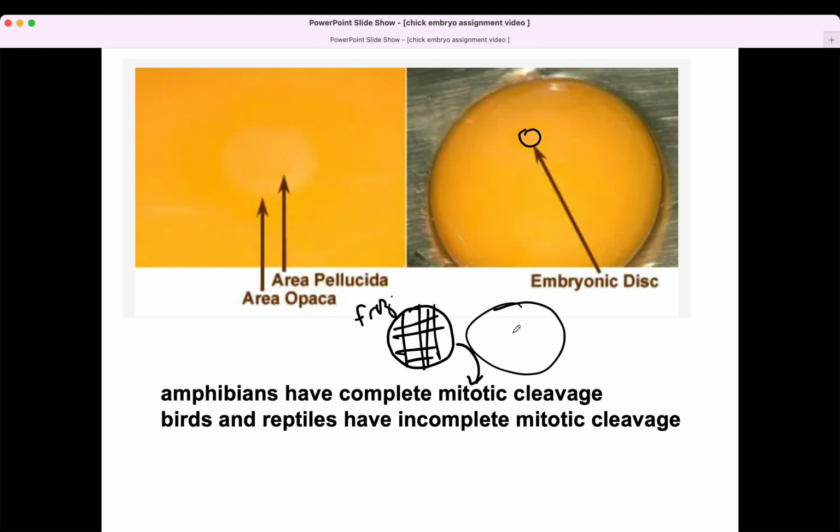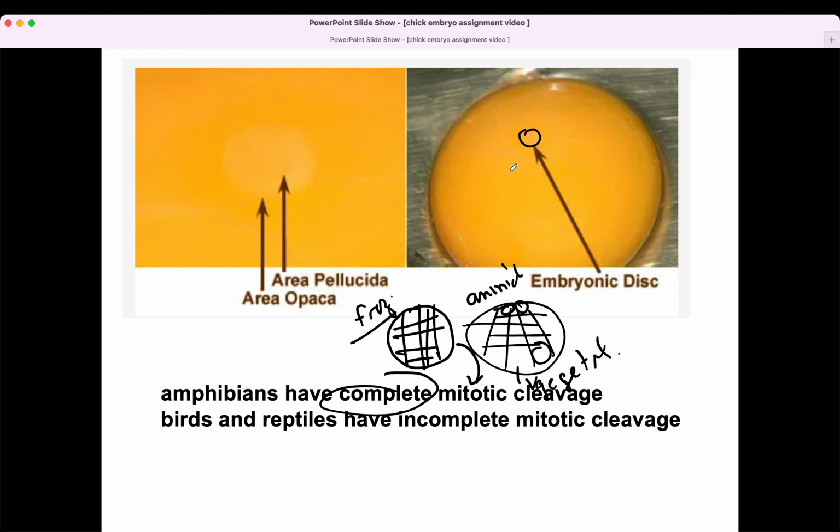We learned that there's more yolk in the lower part of the frog, the region of the vegetal pole, and as a result, the sticky yolk makes it so that the cleavage is uneven, and so we have smaller cells up here near the animal pole and larger yolk-filled cells down here at the vegetal pole. Nevertheless, the frog undergoes what's called complete mitotic cleavage.